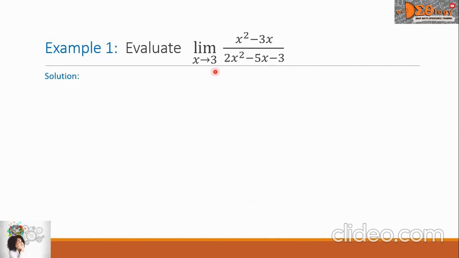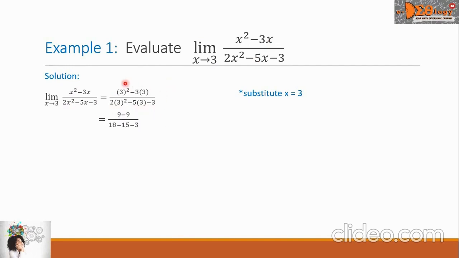For our solution, let us copy this limit problem down here. We know that to evaluate this limit, we're going to substitute the value 3 to all the x of this function. And if we do that, we will have 3 squared minus 3 times 3 all over 2 times 3 squared minus 5 times 3 minus 3.